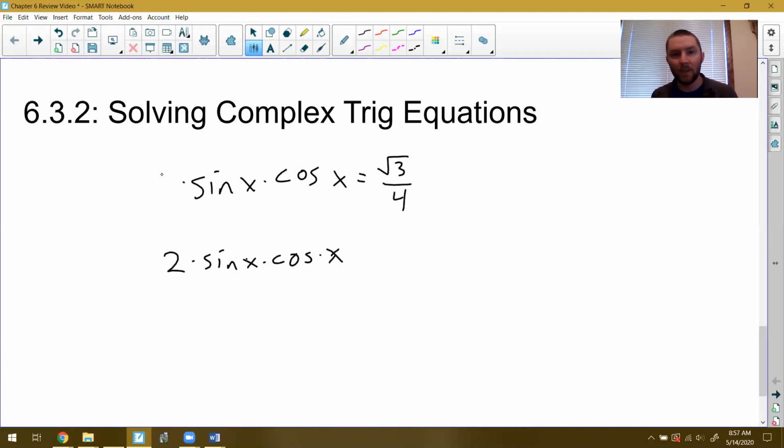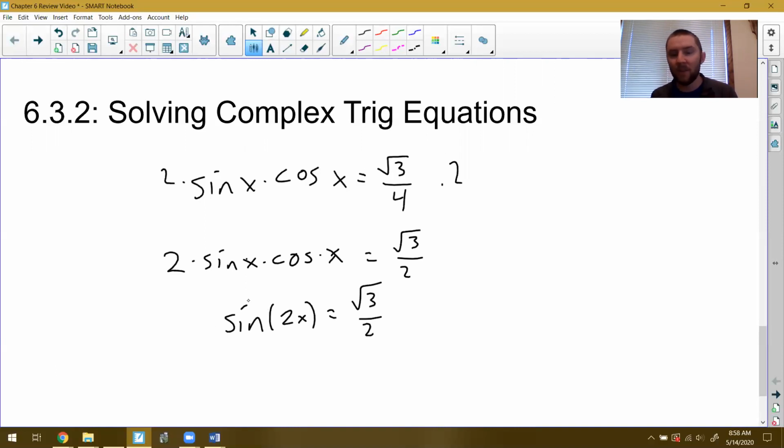So if I multiply this side by 2 and I multiply this side by 2, this side then becomes radical 3 over 2. And the left side I can rearrange based on my formulas. So we're using these formulas to simplify these complex equations, and we get the sine of 2x is equal to radical 3 over 2.